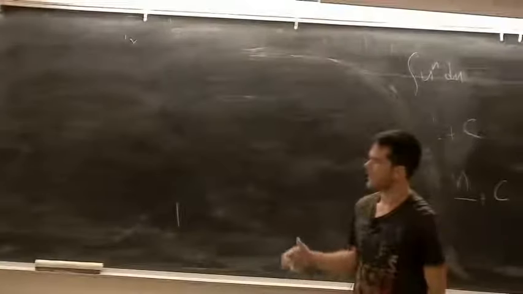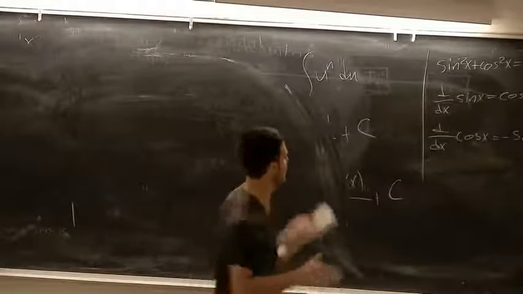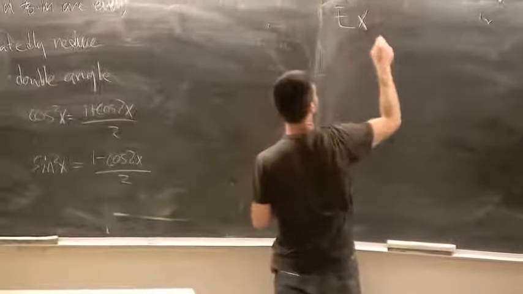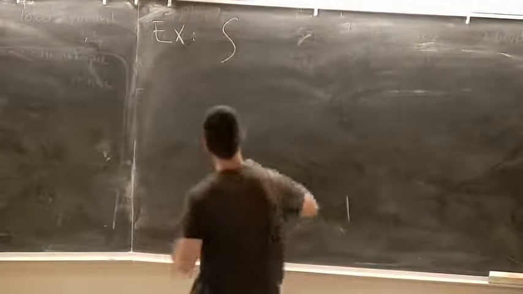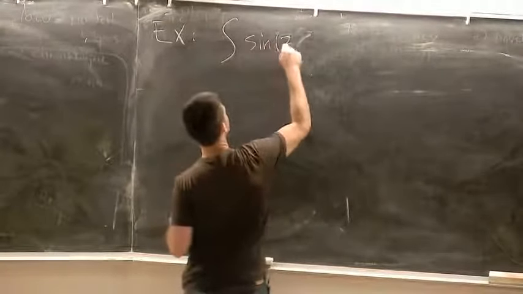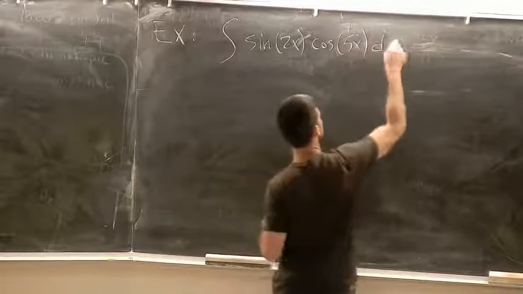So these calculations, if you learn Fourier series, are one of the first calculations you're going to have to do, one like the one I'm about to show you right now. So here'll be this example. Let's do the integral. How about sine of 2x and cos of 5x?